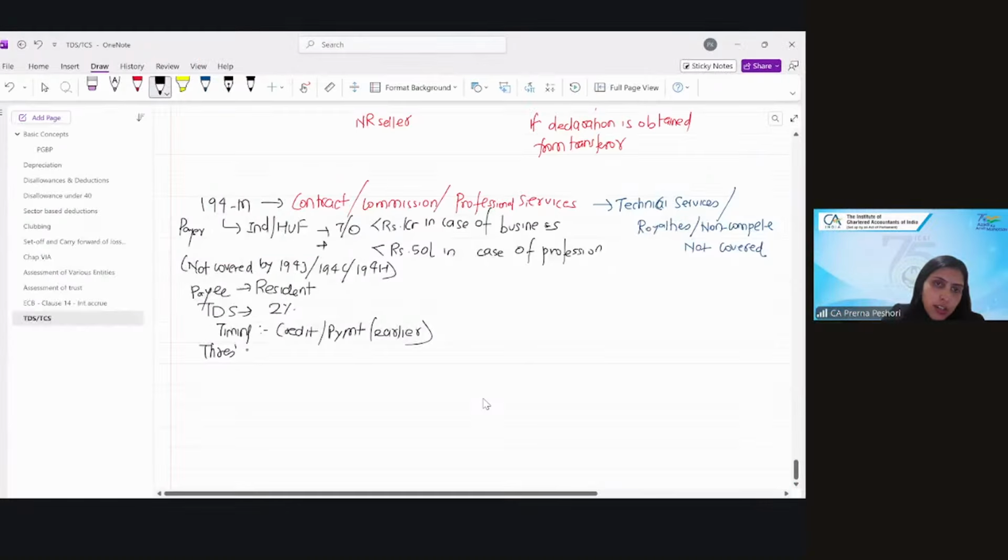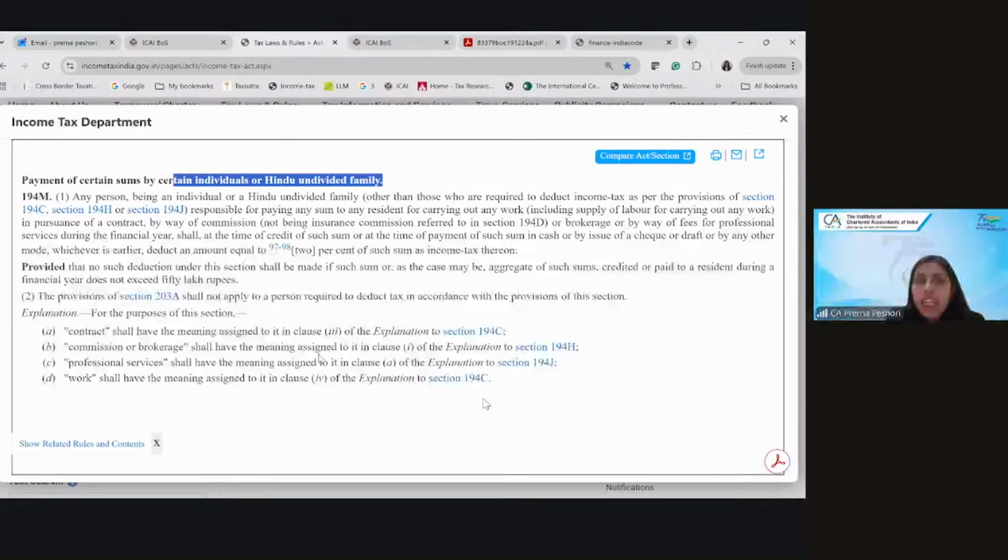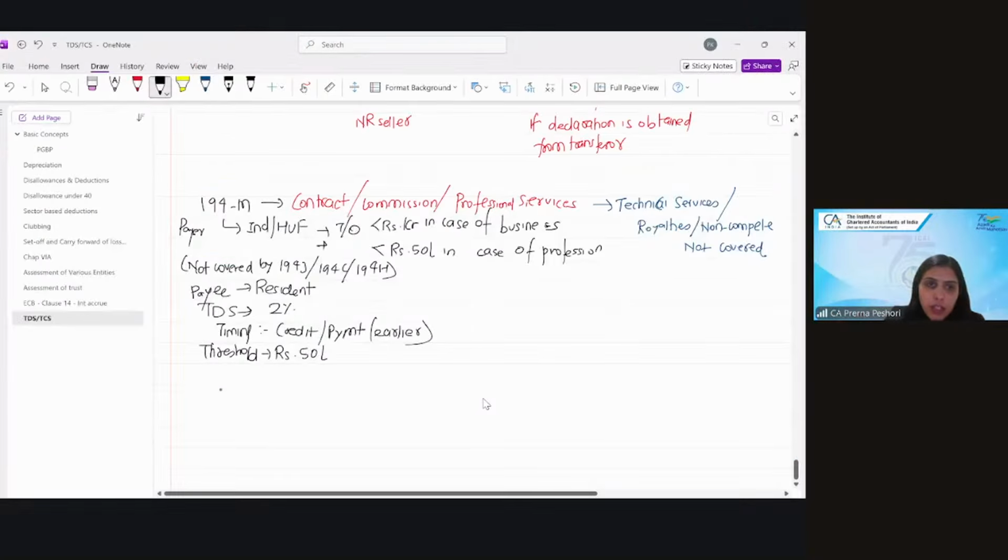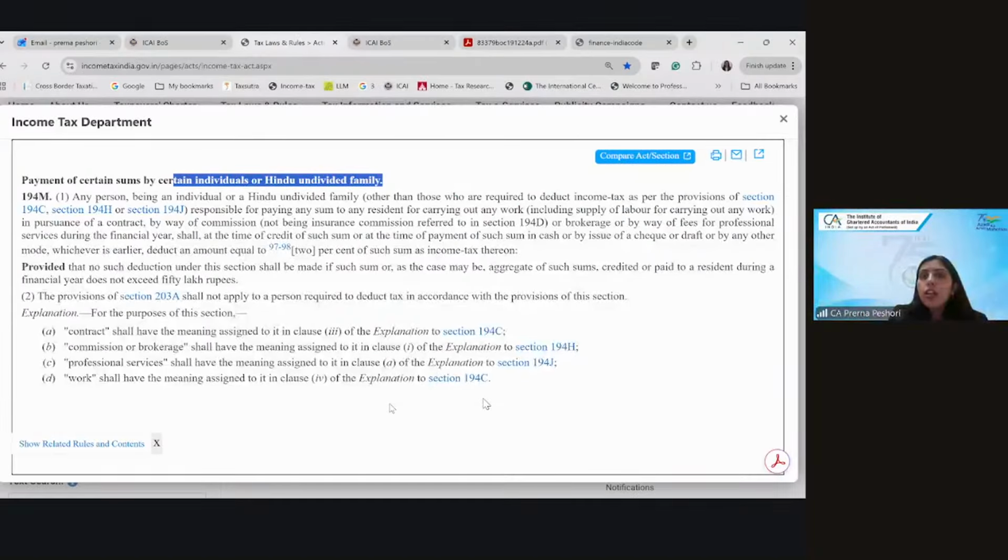So my threshold here is 50 lakh. And again here, the TAN number need not be obtained. No requirement to obtain the TAN. Are we clear, students? Yes?